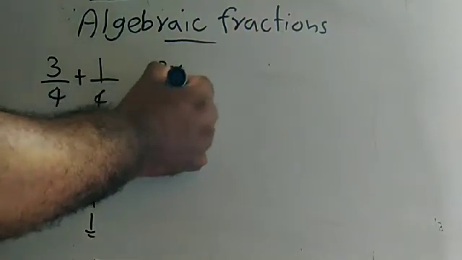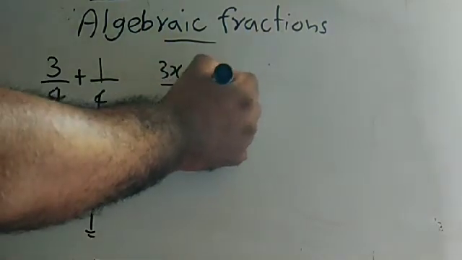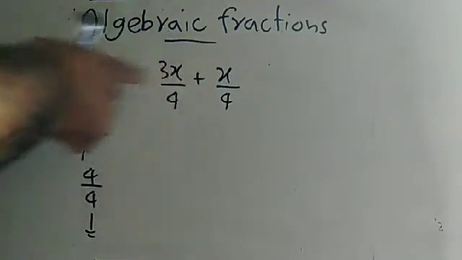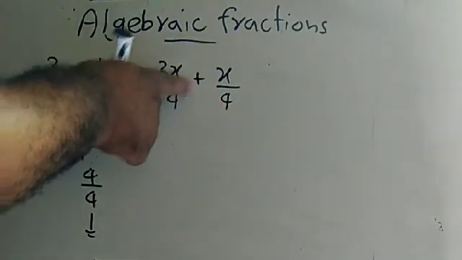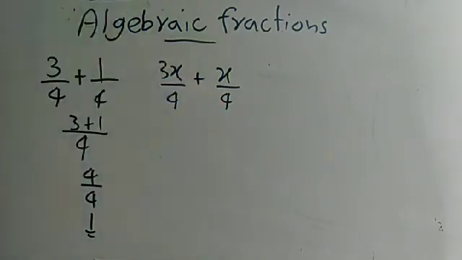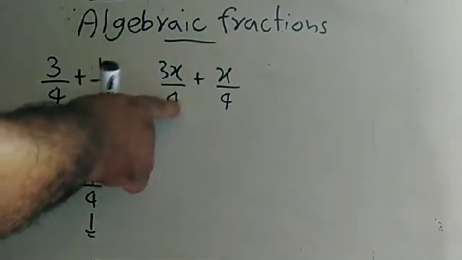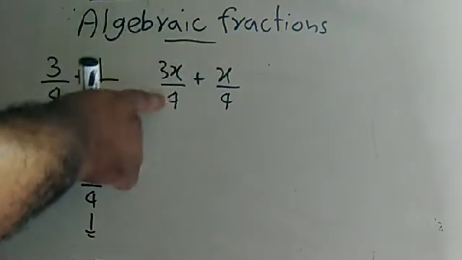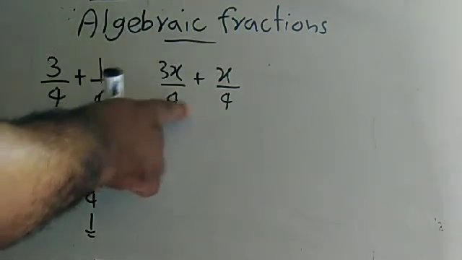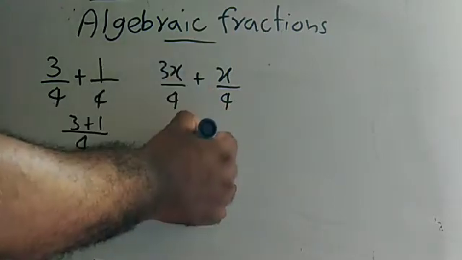But look at this. Sometimes 3x upon 4 plus x upon 4. What's the difference here? These are two algebraic fractions. The denominator is equal, but the numerators have algebraic terms. The common denominator is 4.